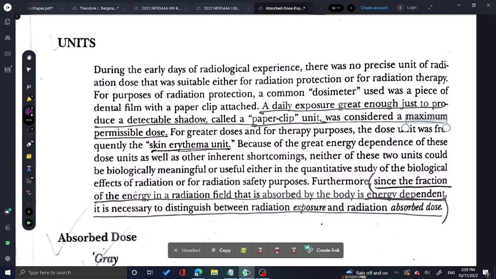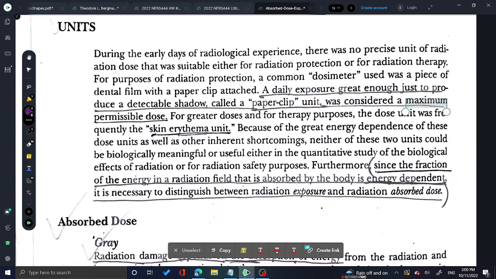So the amount of energy absorbed, or dose absorbed, will depend on the type of radiation exposure, the energy of the radiation exposure, and then the absorbing material, that is, which tissue or which bone is acting as the absorber. So it depends on a lot of factors. That's why we need different units for radiation exposure and radiation absorbed dose.